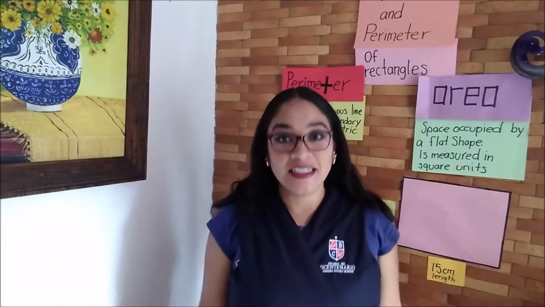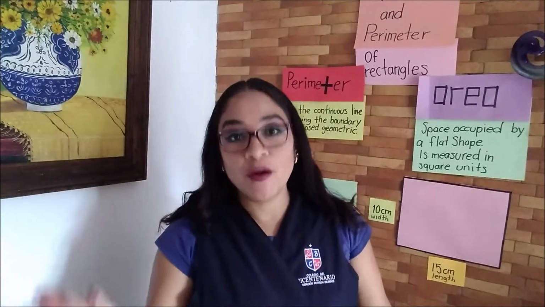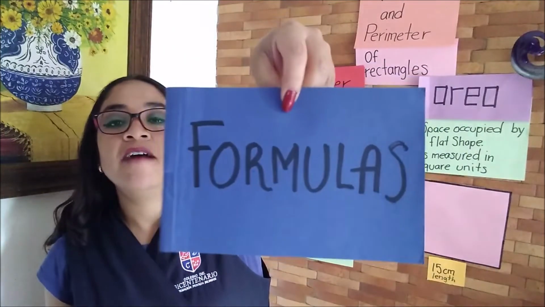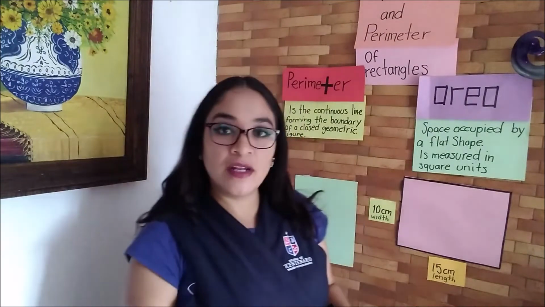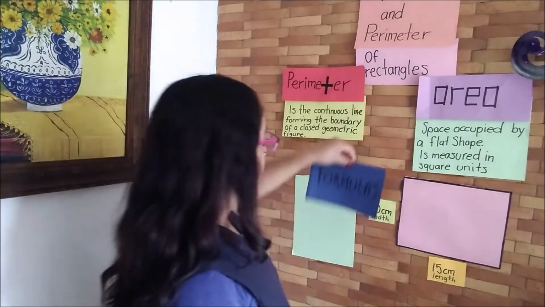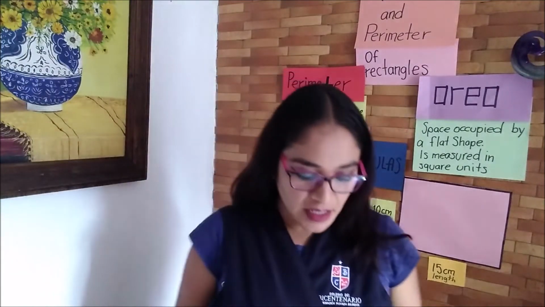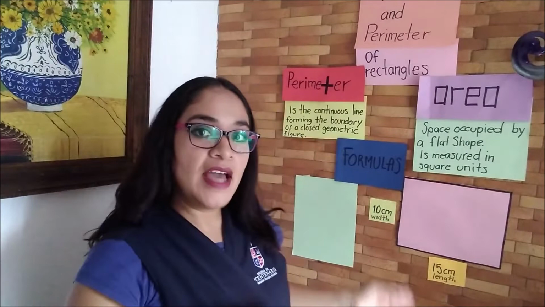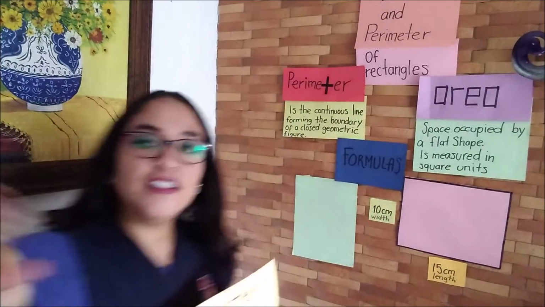When we calculate the perimeter, we need, as I told you, to add. But there are also formulas for both operations, okay? We have formulas to calculate the area and also to calculate the perimeter. In the case of the perimeter, we have this rectangle right here as an example.